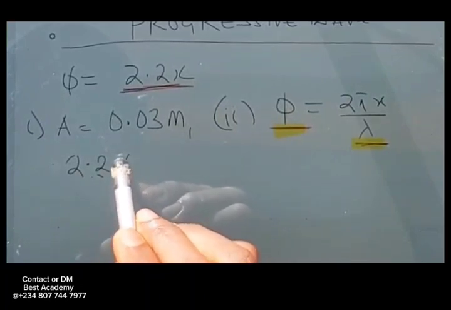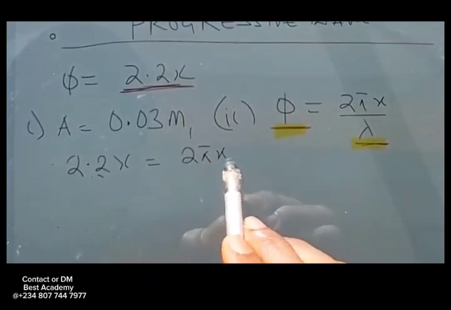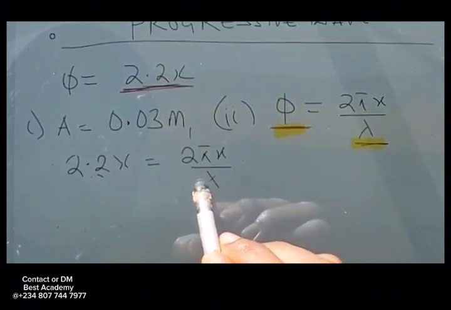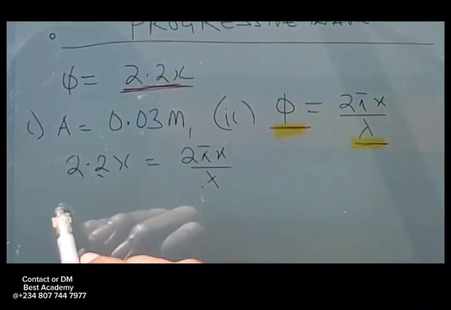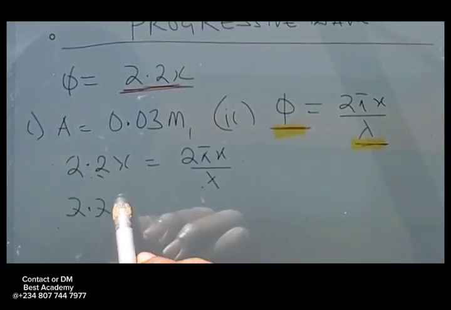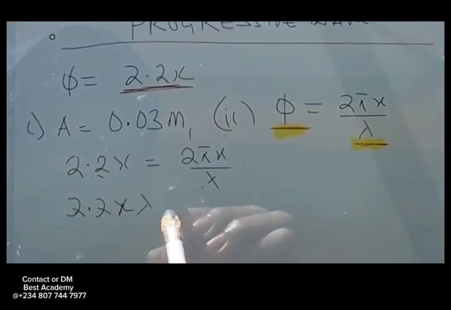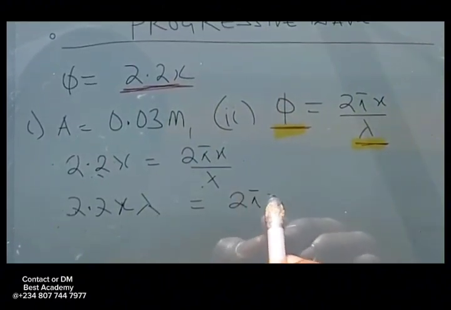So we have 2.2 s is equal to 2 pi s over lambda. Let's cross multiply to make lambda the subject. That gives 2.2 s lambda is equal to 2 pi s.